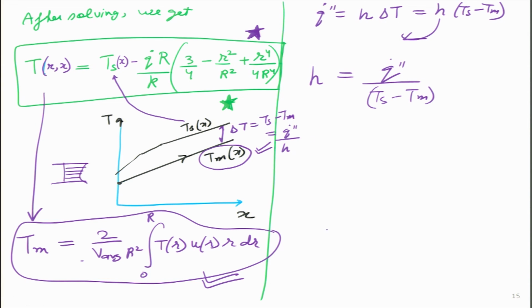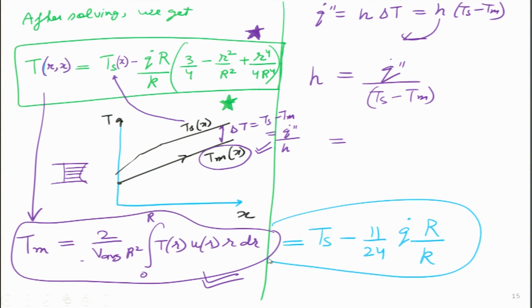And I do that jugglery. It turns out this whole thing is, first I will write the expression for this. This expression is very nice. Just look how simple it turns out to be. It is simply this. Remember all those long equations that we were trying to solve, this has become very simple, isn't it? Tm is equal to Ts minus this thing. Now, can I plug this thing over here?